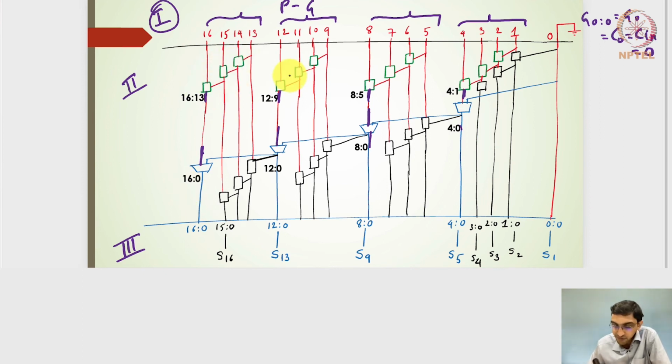So with this set of three simultaneous blocks here, and these multiplexers, we are going to get 16 is to 0, 12 is to 0, 8 is to 0, 4 is to 0 really, really fast, right? Because it is going to skip generating 3 is to 0 or 7 is to 0 or 11 is to 0 or 15 is to 0 and directly get the 16 is to 0 from the 12 is to 0 block, from the 8 is to 0 block, from the 4 is to 0 block.